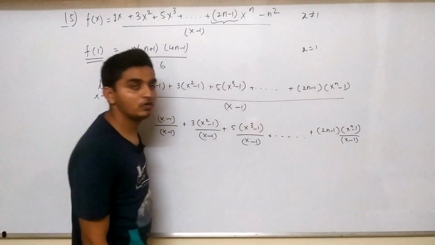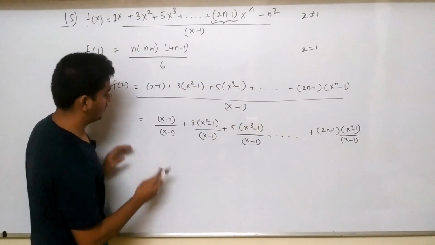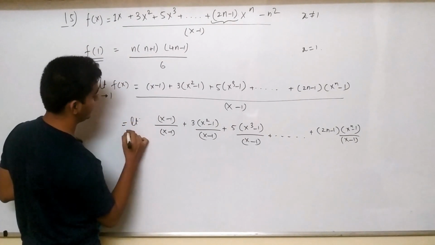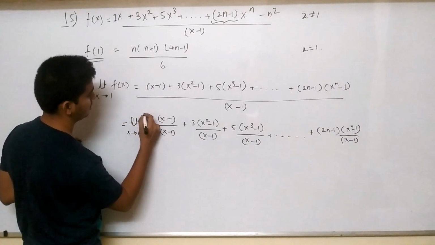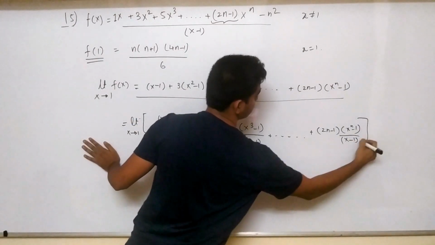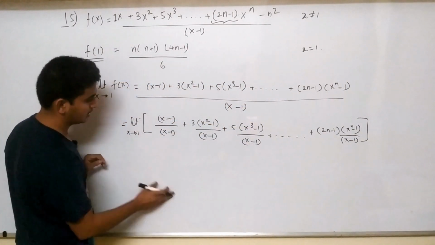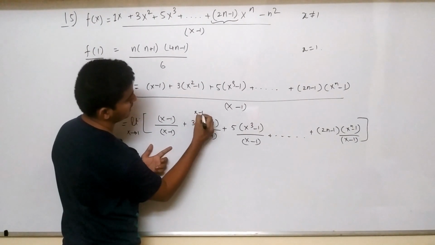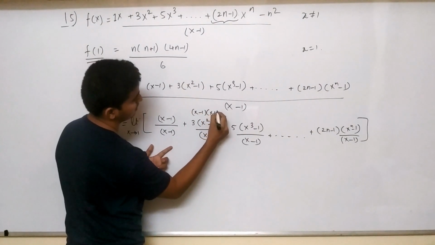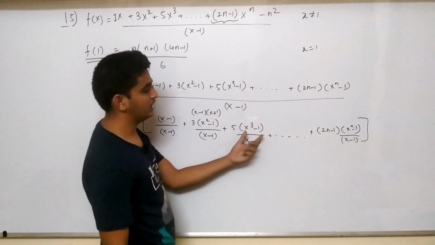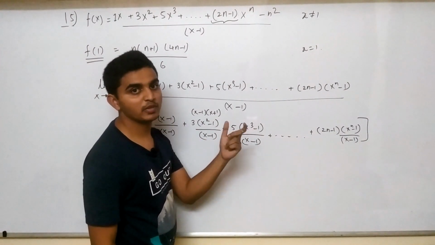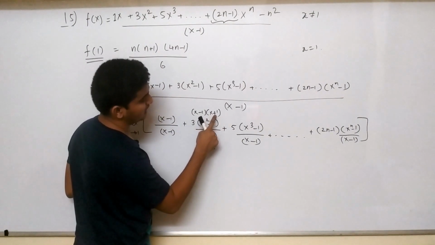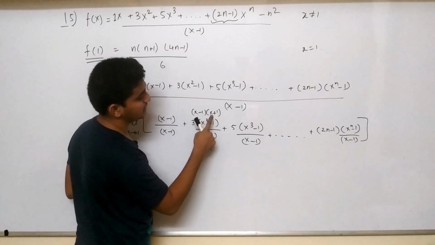And now watch carefully what I do. See, when you apply limit x tends to 1 to all these functions, this function will become x minus 1 times x plus 1. So similarly, in each term you will have x minus 1 as common, and what you'll get is 1 plus x, which we can say is x plus 1.